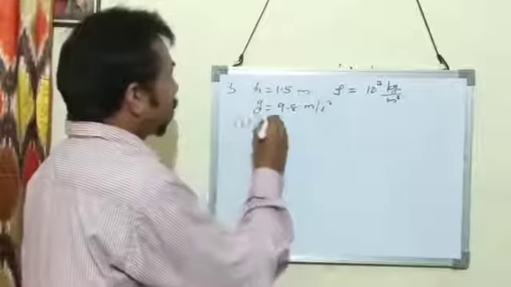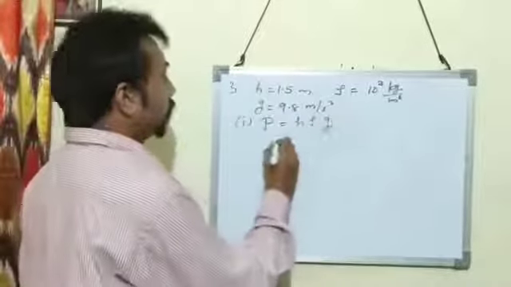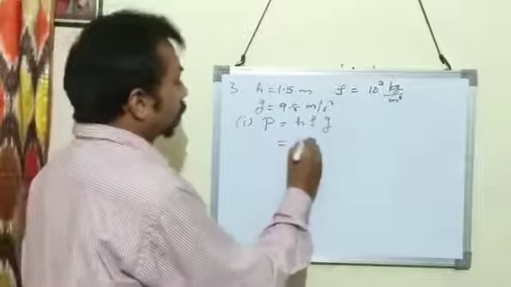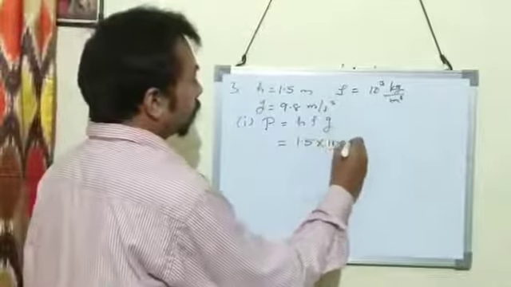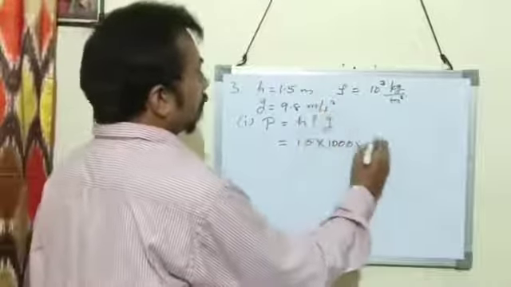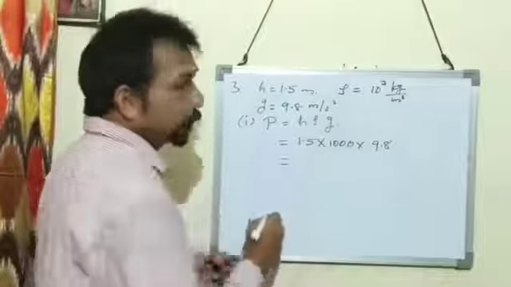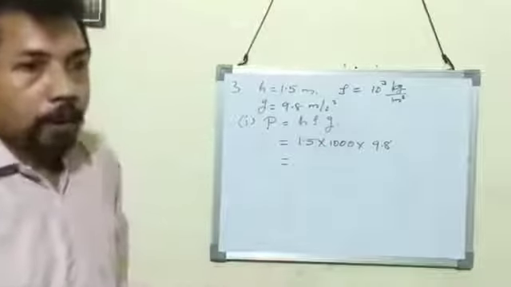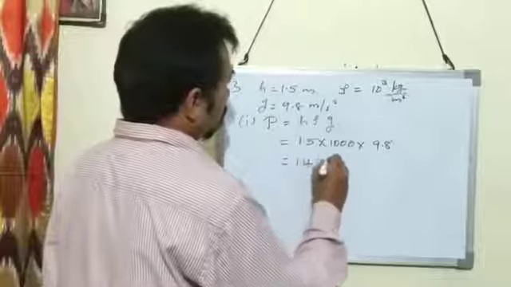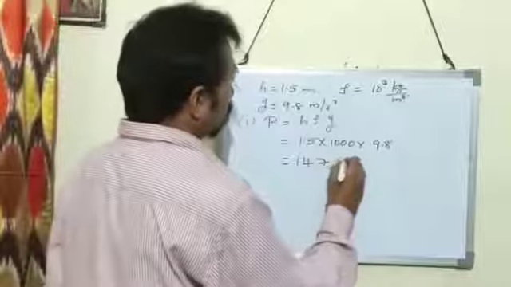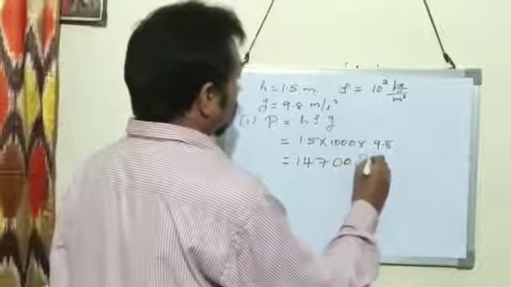In the first part we have to find pressure. Writing the formula h rho g and substituting 1.5 into 10 to the power 3, meaning 1000, into 9.8. So that will come as 14,700 Pascal.